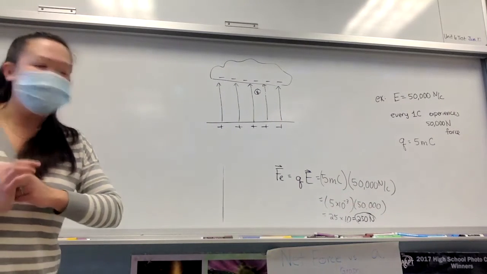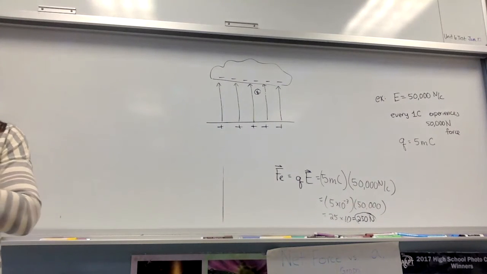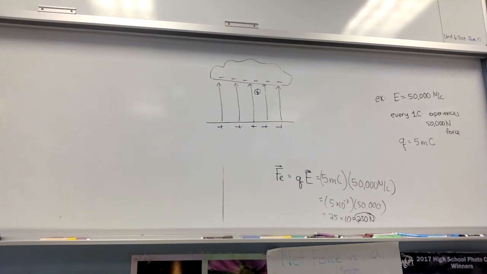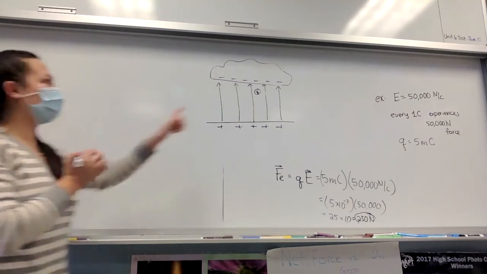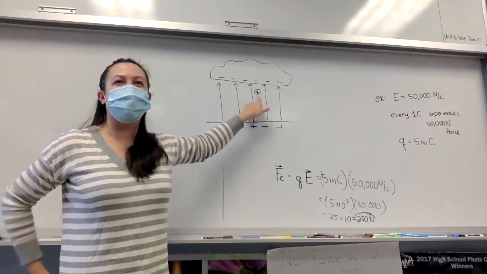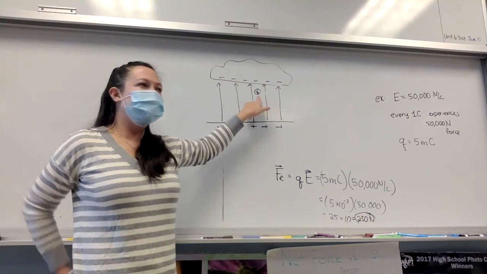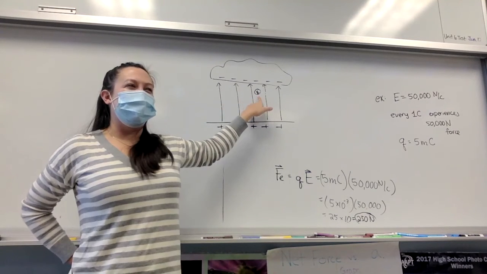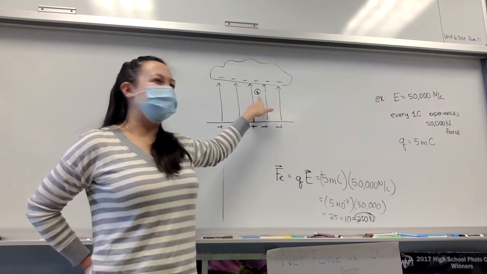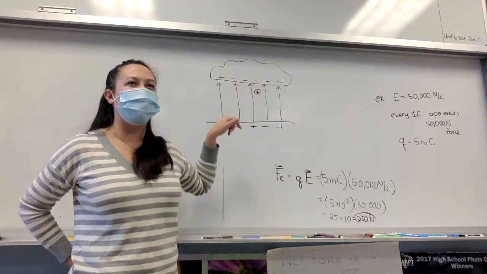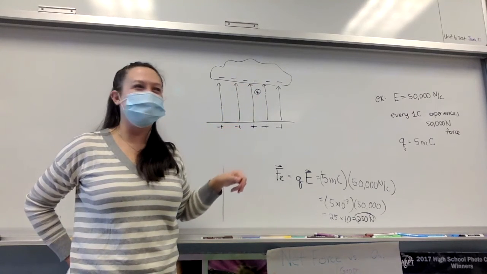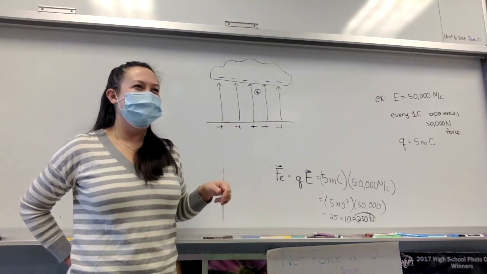Now, this gives me the magnitude of the force. 250 is the size. What about the direction of force? If I put a positive charge right there, what direction is the force acting on it? Would the positive charge want to go up, down, left, right, go in a circle?